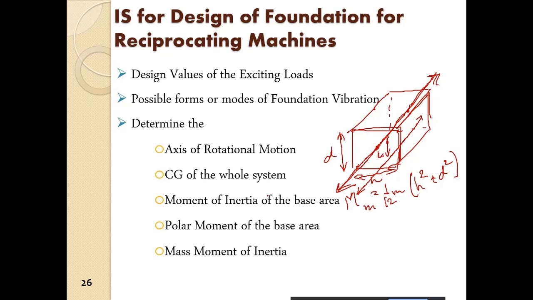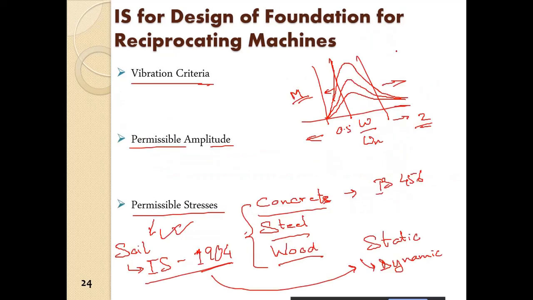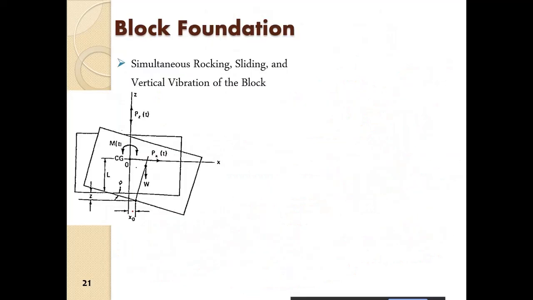Alright, and if you remember in the previous classes, we discussed that when there is a pitching and sliding motion, the rotation occurs about this point. So this is the moment of inertia about the O point.